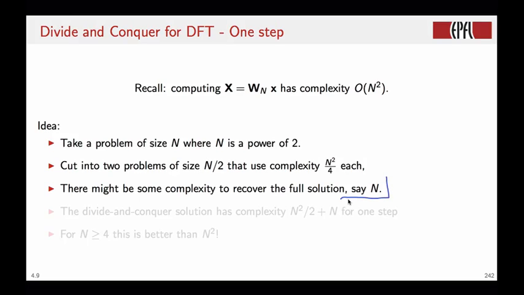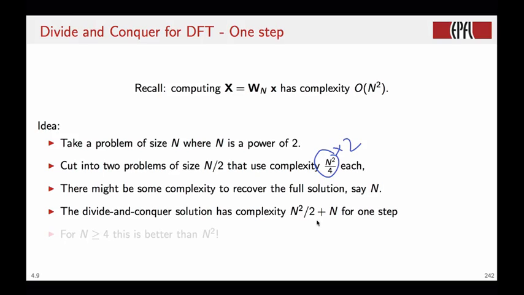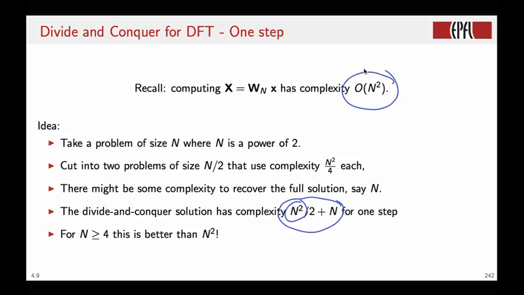That might be a complexity of order n. So our solution now needs 2 times n squared over 4, that's n squared over 2, plus n, that's to do the recombination. Okay? Now, if n is bigger than 4, this is better than n squared, as you can immediately verify. It's not a big saving. It's a saving by essentially a factor of 2 here, because the dominant term, of course, is the n squared. Instead of having the original n squared complexity, we have an n squared over 2 complexity.